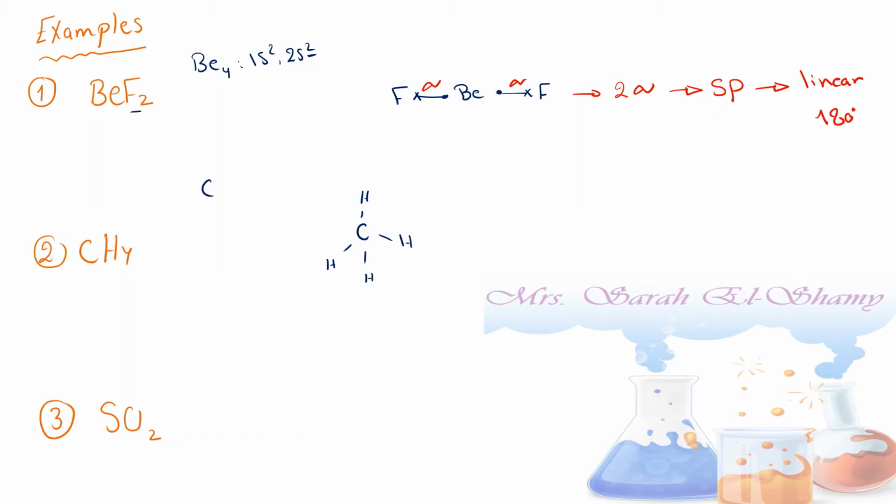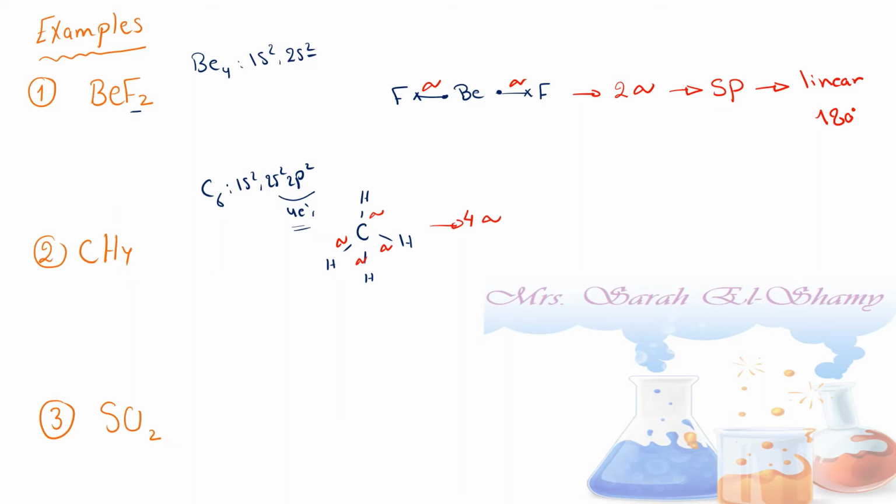C is C6, so 1s2, 2s2, 2p2, so it has 4 valence electrons. Okay, so from these 4 valence electrons, you just need to count the sigma bonds or the lone pairs. It doesn't have any lone pairs, so you just count the sigma 1, 2, 3, and 4.